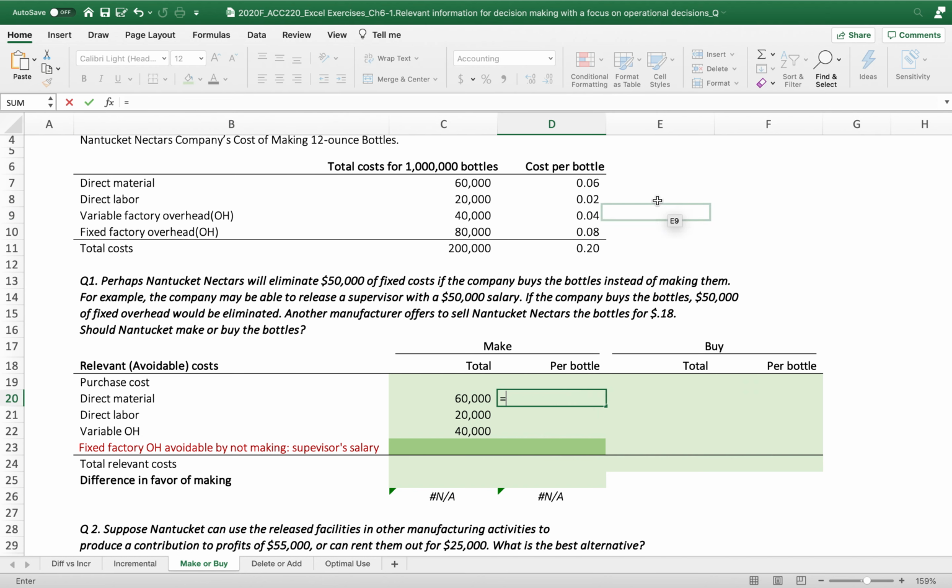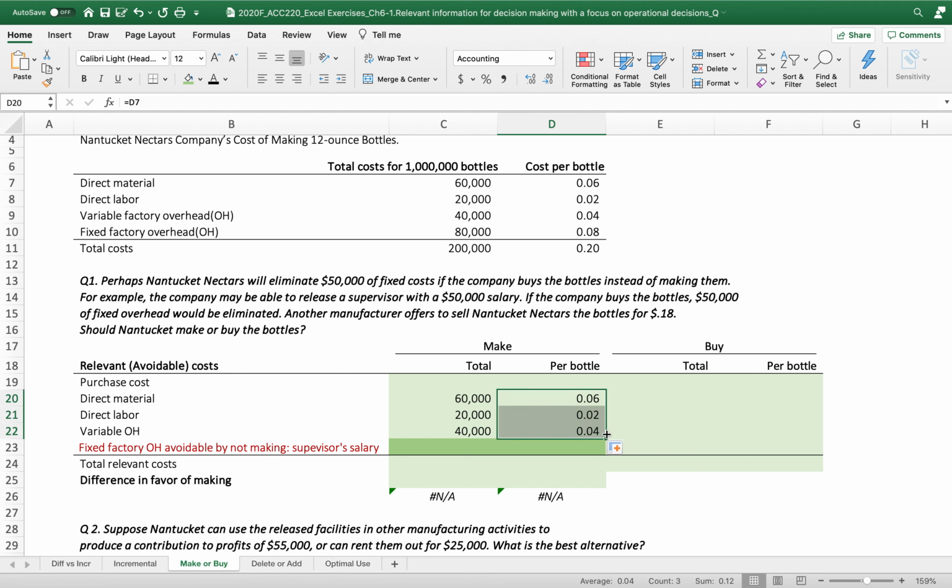And then per bottle also I'm going to collect this direct material per bottle and direct labor cost per bottle and the variable overhead as well. Then how much is the fixed factory overhead avoidable by not making? That is avoidable cost.